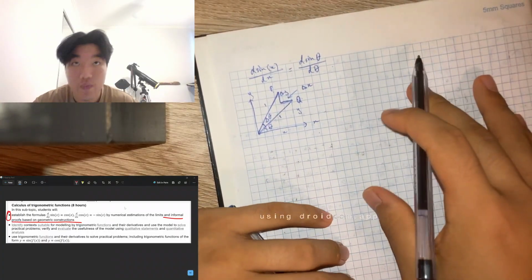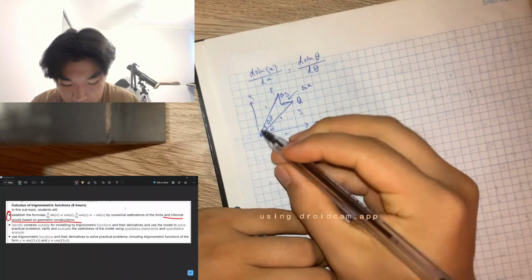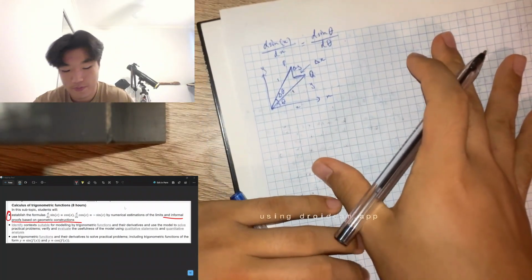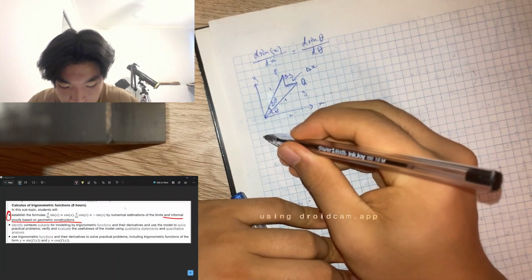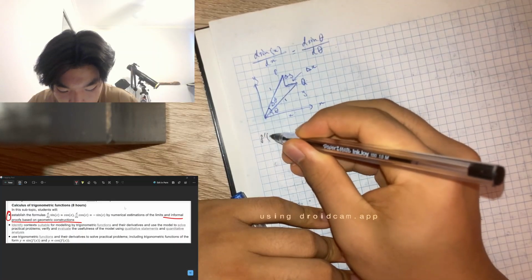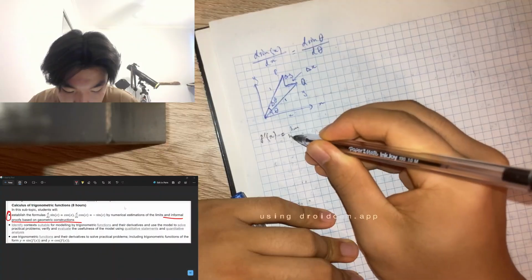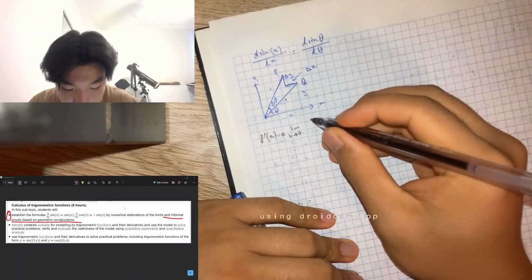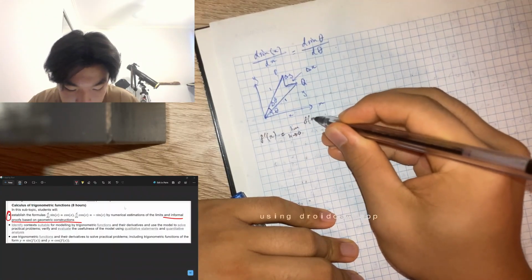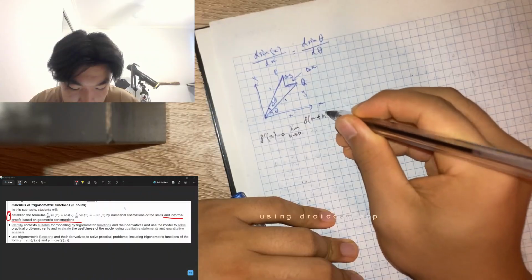So what we're going to do in this proof is use first principles. If you don't know what first principles is, it's like the derivative of f(x) equals the limit as h approaches 0. So h is just some value.